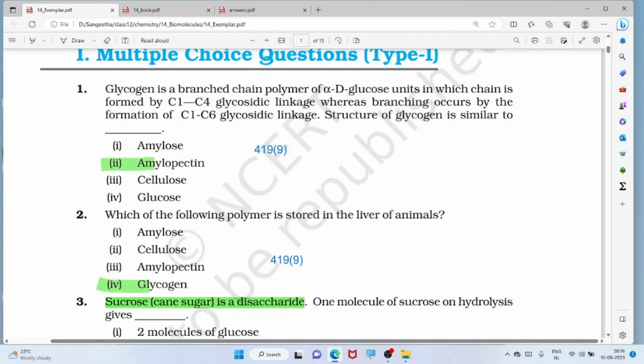Glycogen is a branched chain polymer of alpha-D-glucose units, in which the chain is formed by C1 to C4 glycosidic linkage, whereas the branches occur by the formation of a C1 to C6 glycosidic linkage. The structure of glycogen is similar to amylopectin.